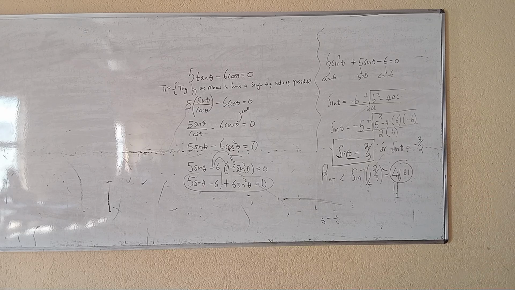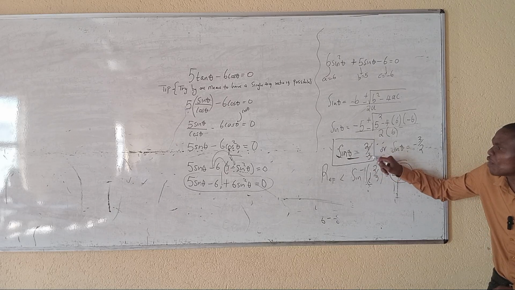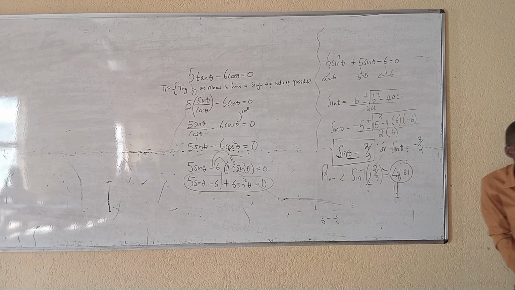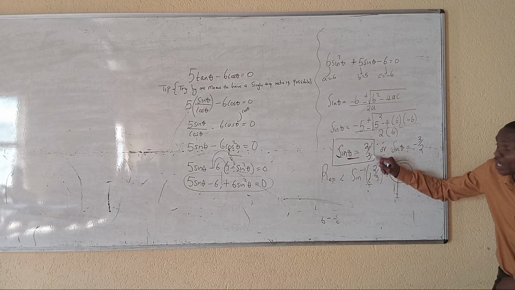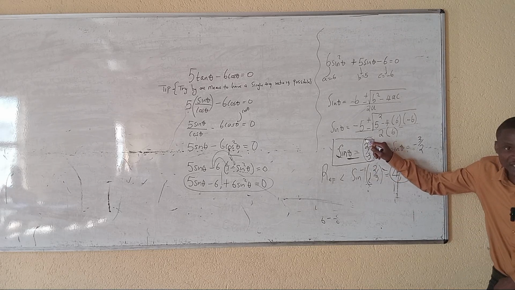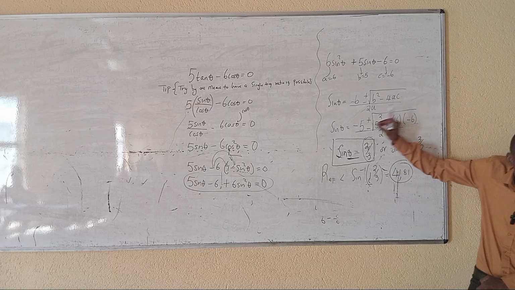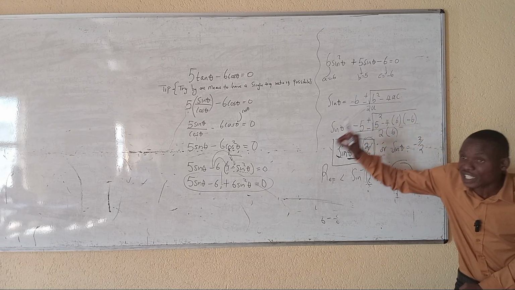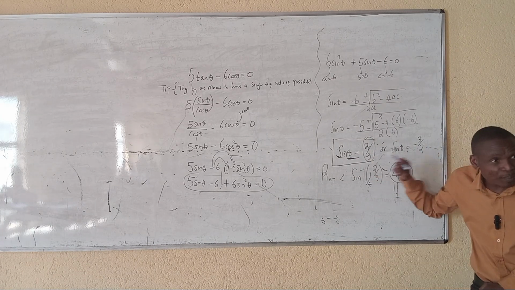Another thing, pay attention. You look at this trig ratio, sine theta. It is 2 over 3, and this 2 over 3 is positive. It means our angle lies in the first quadrant and in the second quadrant, because that is where sine is positive.